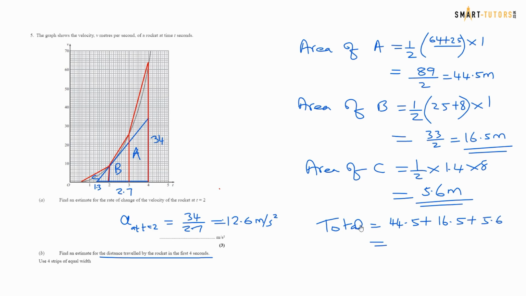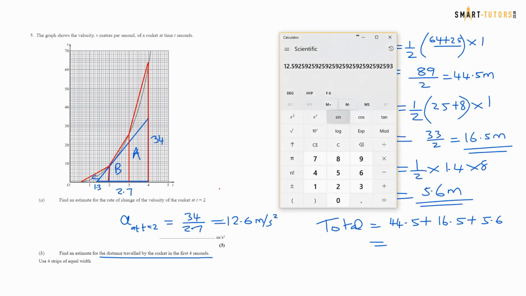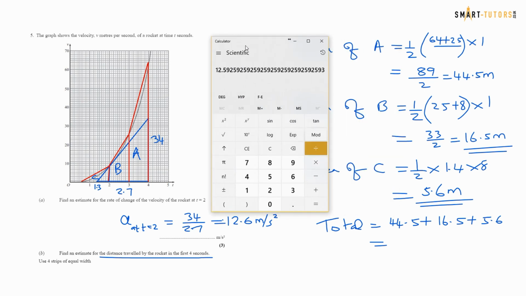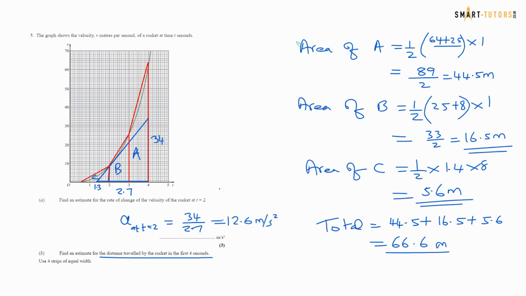So what is the total? So let's take the calculator. 44.5 and plus 16.5 plus 5.6, so 66.6 meter is the answer for the question number 5.